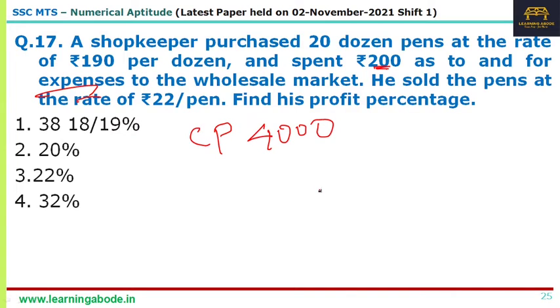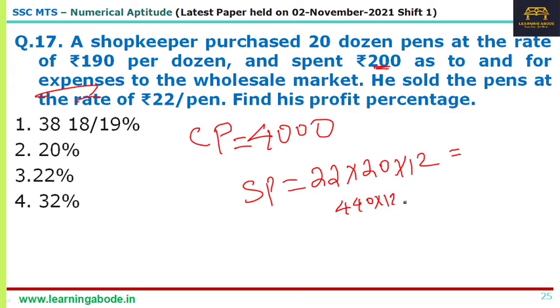Now what is the selling price? Selling price is 22 per pen, for 20 dozen. A dozen is 12, so 22 into 20 into 12, that's 440 into 12, which is 5280.